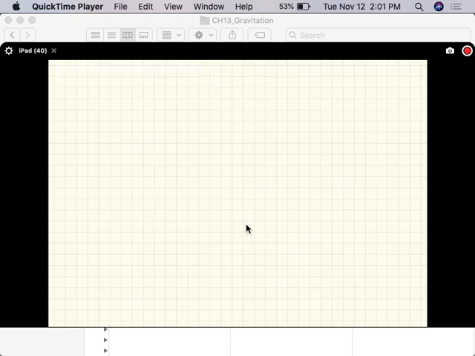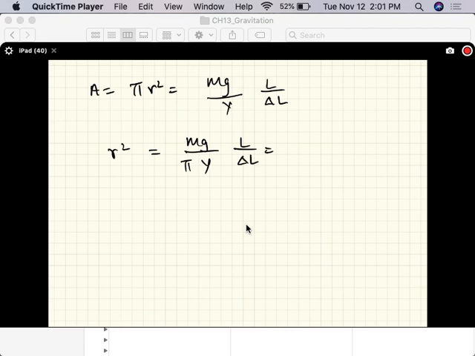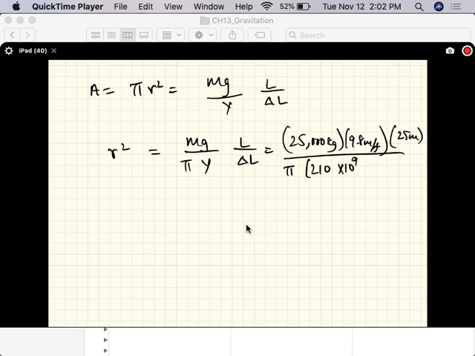All right, so now let's write it out. And Y is, I'm assuming, the same as the last problem.